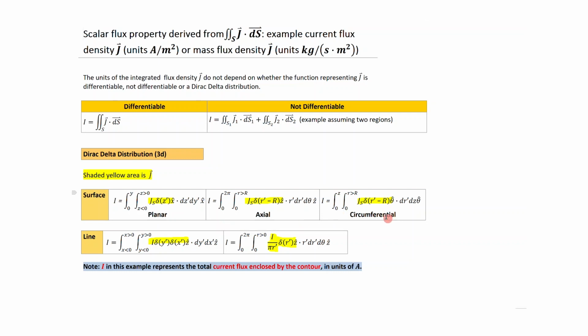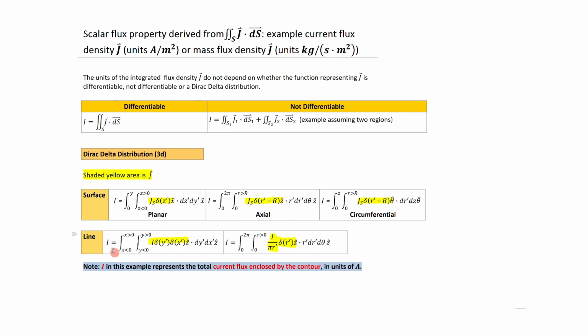Also, if you look at the area vector, in this case it's r prime d theta, whereas in the previous case it's dr prime dz and theta hat. So the area through which the calculation is taking place is different than the case for axial. Again, because we want the current flux density and the area vector to be pointing in the same direction when we're doing these sorts of calculations.